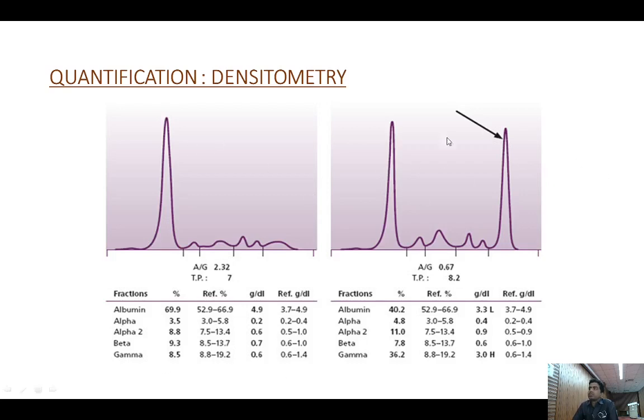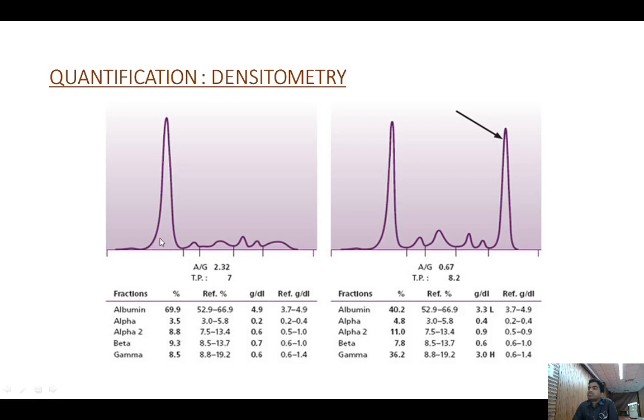So it will look like this. This is the normal. Don't look at this for the time being. Now you saw that bands were there, right? So the albumin band was there, alpha 1, alpha 2, beta 1, beta 2, and gamma. Those bands, by the help of absorbance, the densitometer has converted depending on the intensity into spikes.